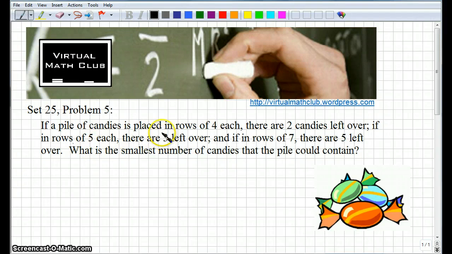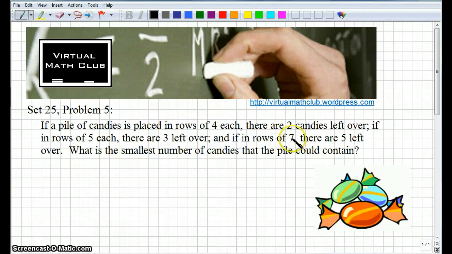So if we had either 3 fewer or 2 more, we'd have a number that was evenly divisible by 5, right? And if we arrange them in rows of 7, we have 5 left over. So if we had either 5 fewer or 2 more, we would have a number that was evenly divisible by 7.